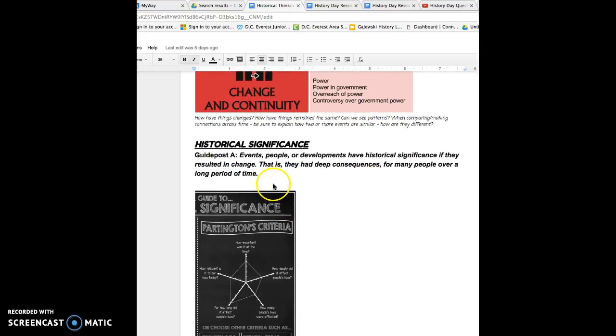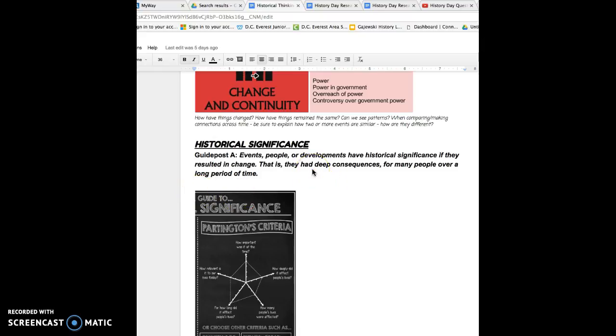And historical significance. Events in history, we could study everything in history, but there's a lot of stuff that's just not that important. And so when you're piecing together a story on the Articles of Confederation or the compromises of the Constitution or the ratification process or whatever it may be, Washington's presidency, we want to look at, why was this important?